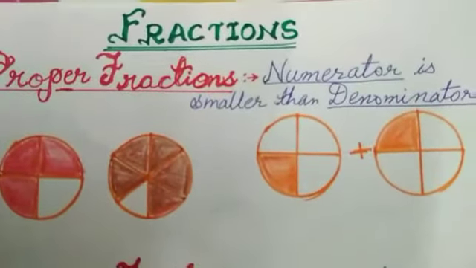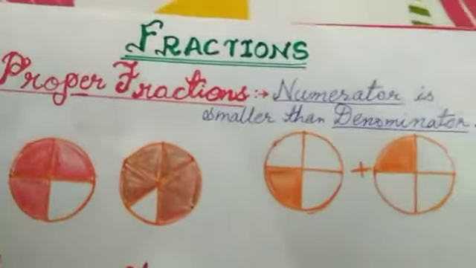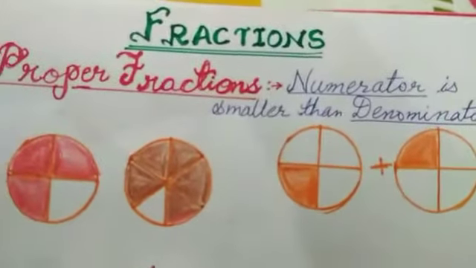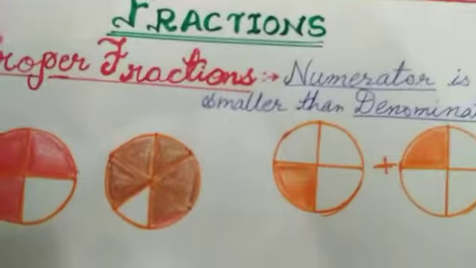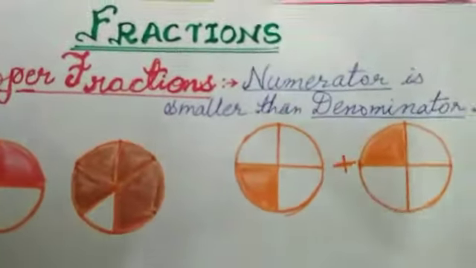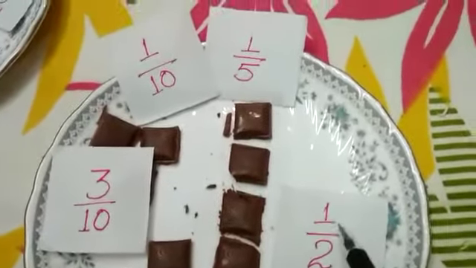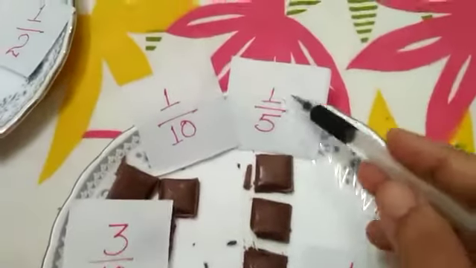What we saw was all examples of proper fractions. What is a proper fraction? We saw that 1 is divided into many parts. Only 1 means always when you go through all the things everywhere, we can see that our numerator is smaller than denominator.